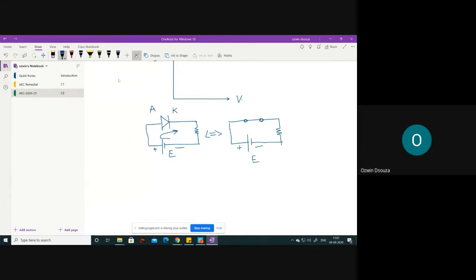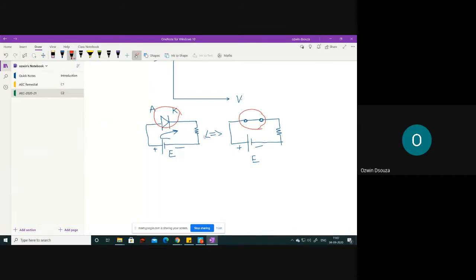What we have done is replaced this diode with an equivalent element. And what is the equivalent element for a closed condition? A switch. That is what is called an equivalent circuit. An equivalent circuit is nothing but the selection of a meaningful circuit operation based on the physical behavior of the device.